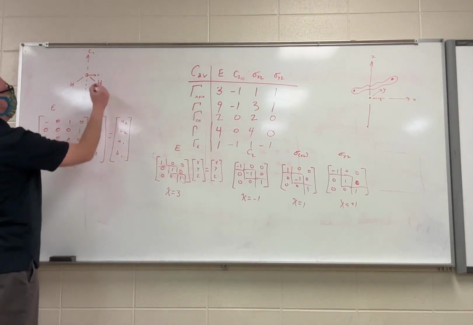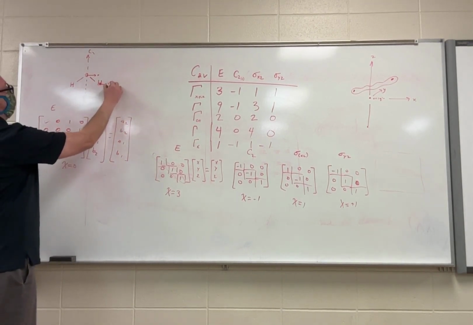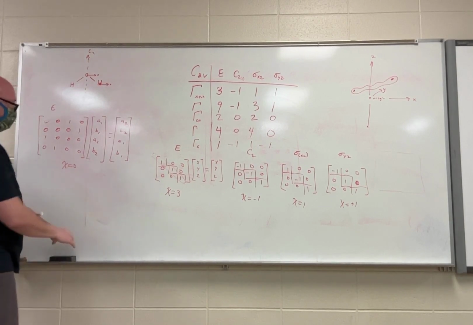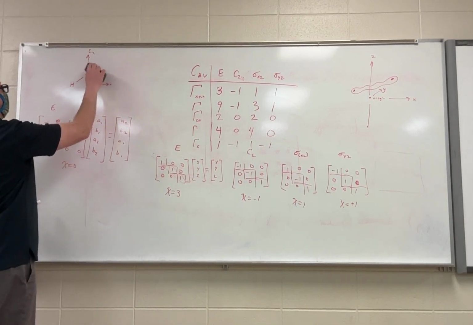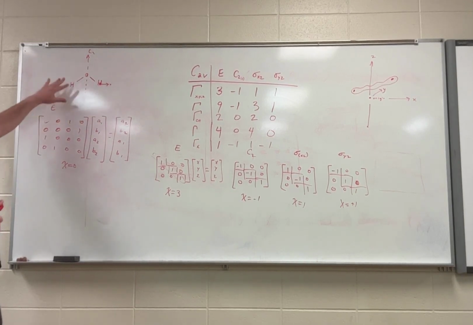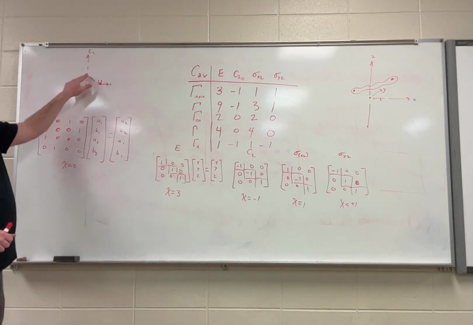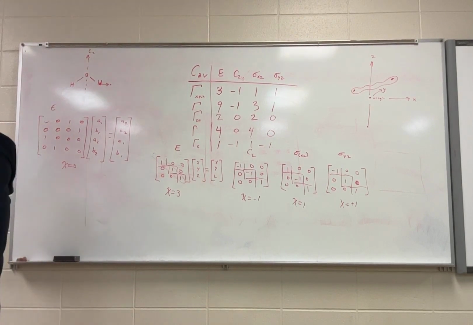If I had drawn as a basis an X vector on this hydrogen, then when I make a C2 operation, it moves to a completely different point in space, so it's 0 contribution to the character of the matrix. Okay? It moves way out over here somewhere. So it only works when I put X somewhere along the C2.